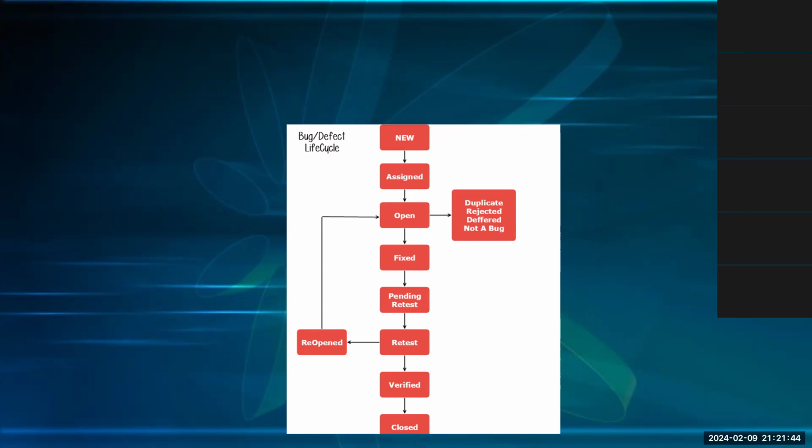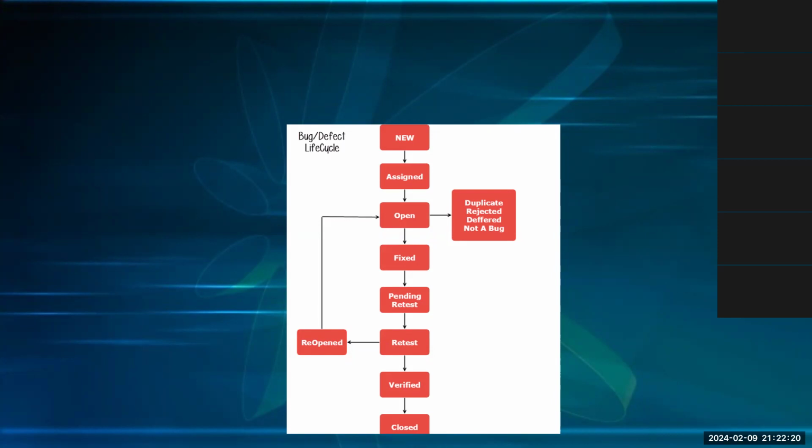It looks sequential, but it can have a different turn depending on the case. So from new to assigned, then you open. Then if it's a duplicate, it can be rejected, it can be deferred, and it can be classified as not a bug. And then where we also have the retest, you have the reopened there.